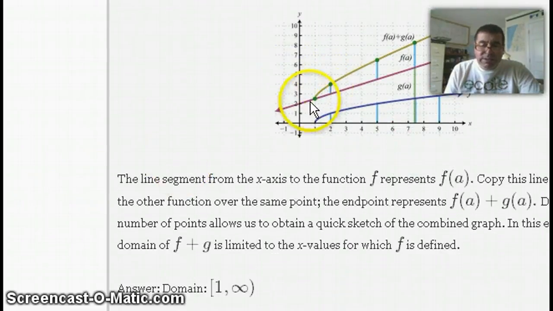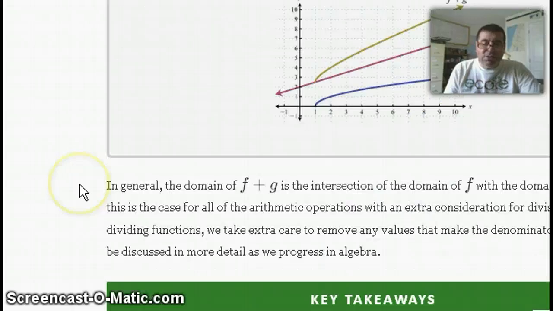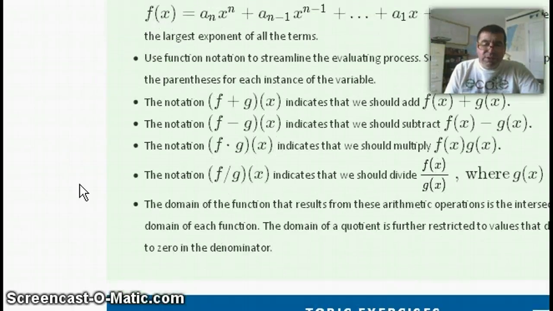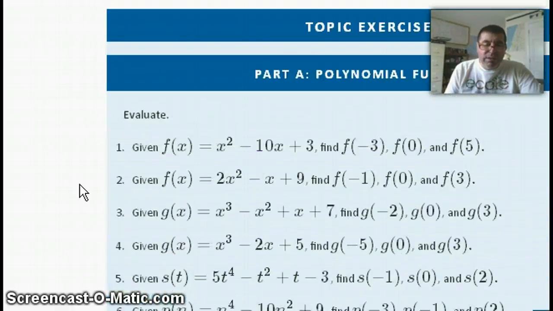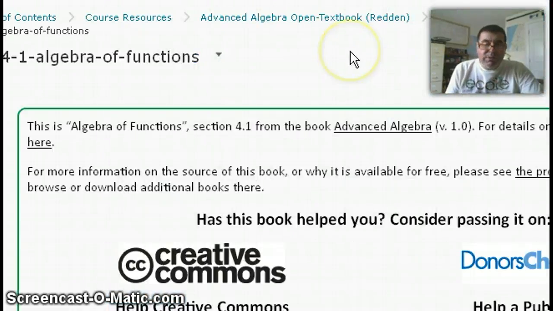And so this yellow function is really the sum of the two of them. Take your time and look at that. Make sure you understand that. Here are your takeaways with this. Good review, very good review, and then your problems. So I hope that is a good little review for you, or helps you out.